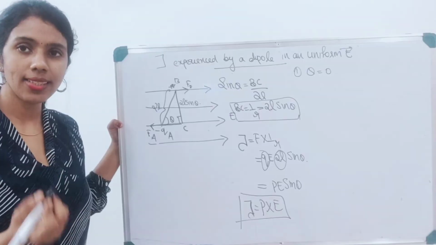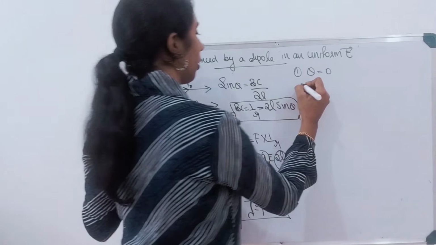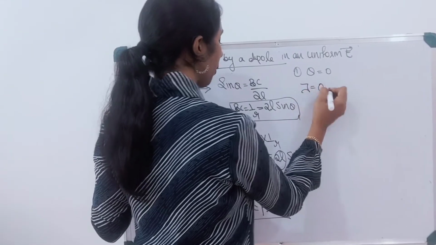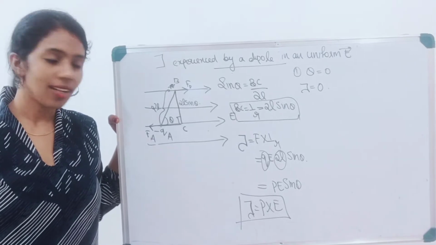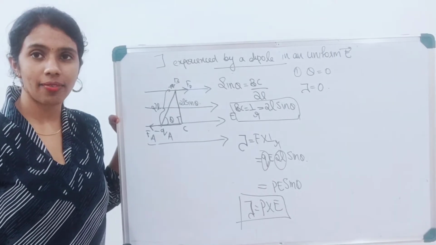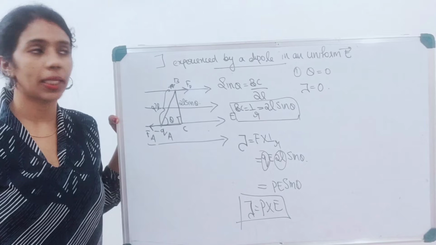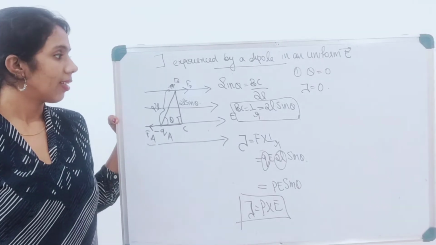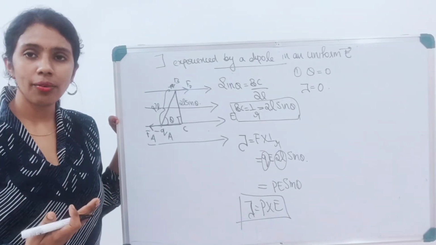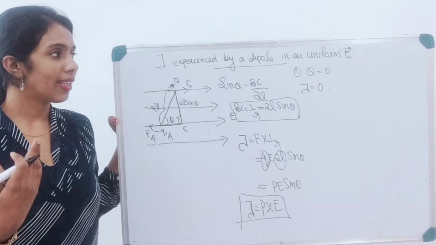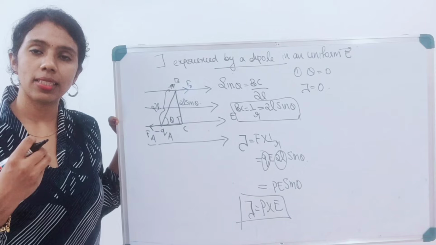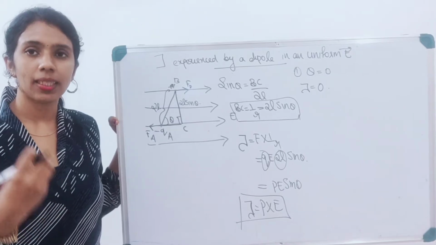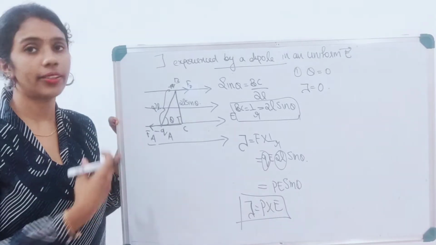So if theta is equal to 0, torque is equal to 0, because torque is nothing but P E sine theta, where instead of sine theta, we can write sine 0, so the torque becomes 0. As a result, this dipole never experiences a torque, and that condition is known as stable equilibrium. So stable equilibrium is when the dipole is kept parallel to the electric field.